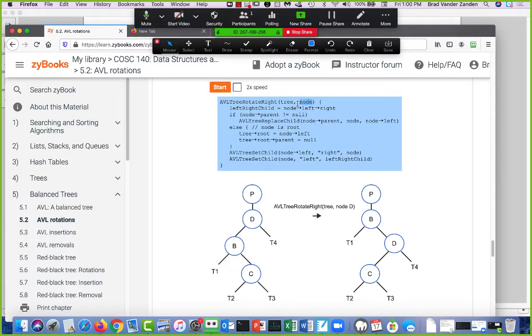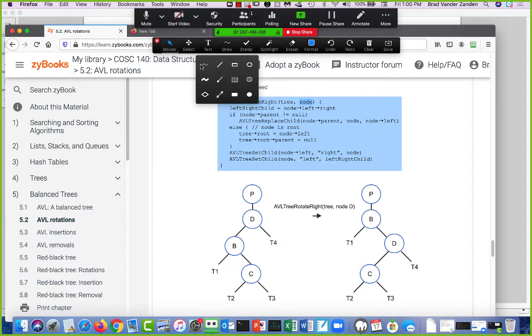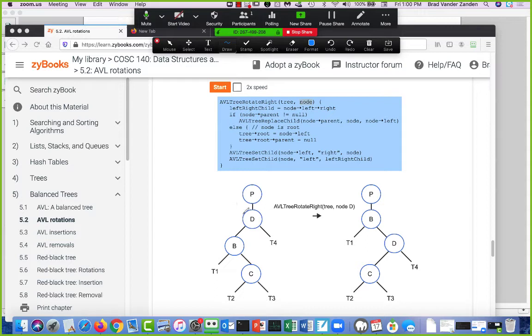So node is actually D right here. So what we have is that node points to D, and we are doing a right rotate about B.